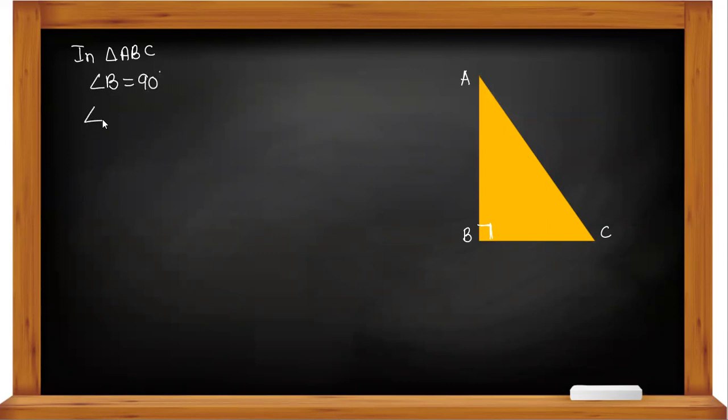So it means to say the sum of angle A and angle C is also equal to 90, because the sum of three angles of a triangle is 180. Now, if the sum of angle A and angle C is 90, that means to say that angle A and angle C, they both are acute angles.